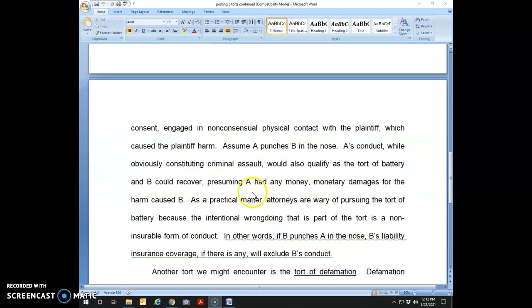So attorneys aren't thrilled with intentional torts for the reason that I can't go out and buy liability insurance, more of that later, but I can't buy liability insurance to protect myself for damage caused by my intentional torts.